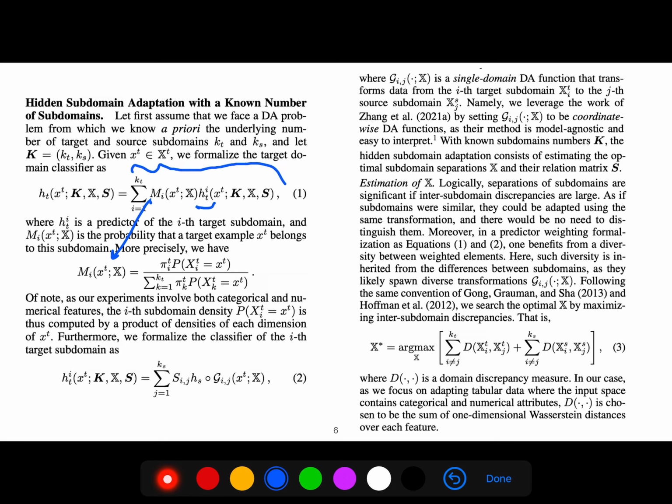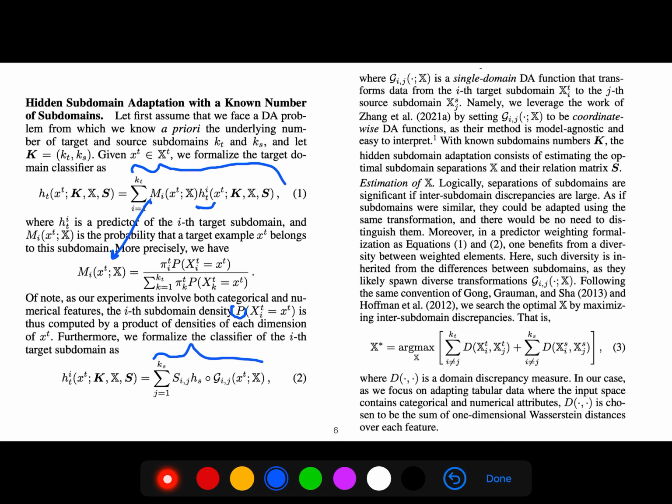Now, as our experiments involve both categorical and numerical features, the i-th subdomain density, this P, is computed by a product of densities of each dimension of X. We formalize the classifier of the i-th target subdomain like this.